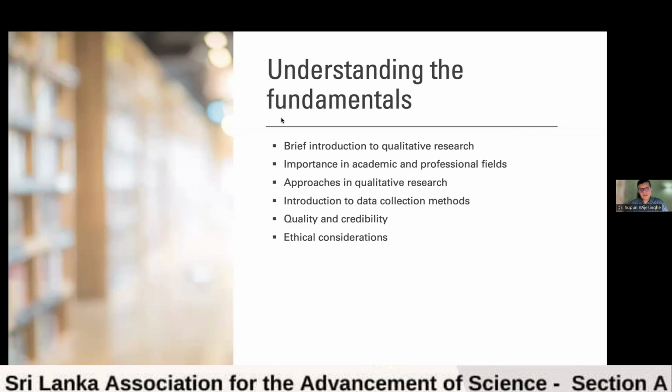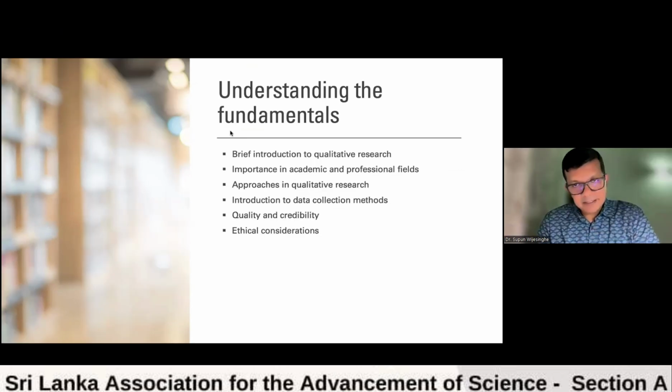Primarily, I'm going to focus on approaches in qualitative research. Some of you might have an idea about these approaches, but we are going to discuss in detail what approaches there are and what the methods of data collection for qualitative research are. That would be important to most of you because you will be doing research, so qualitative data collection methods would be quite useful to you.